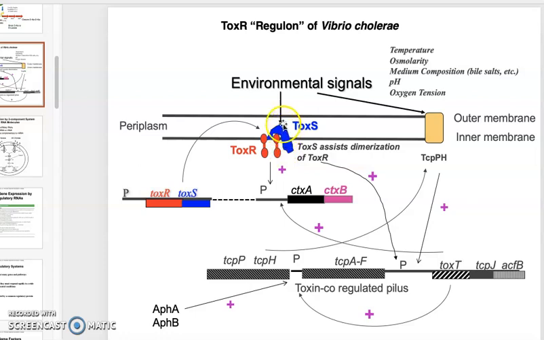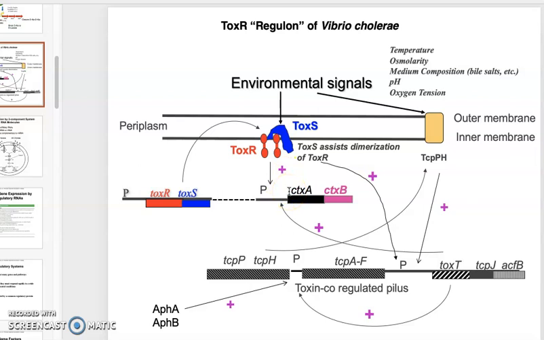So let me back up. ToxS perceives one of these types of signals, or a combination of these signals, and that causes ToxR to dimerize. In its dimerized state, it can actually physically interact with the promoter, for example, of the cholera toxin operon. So it can activate, that's what these little pluses are, the cholera toxin operon.